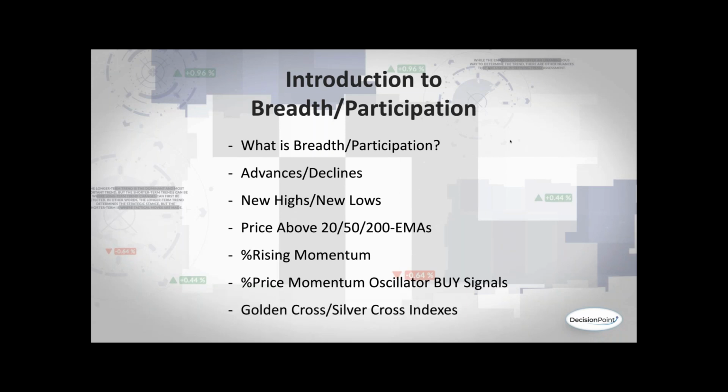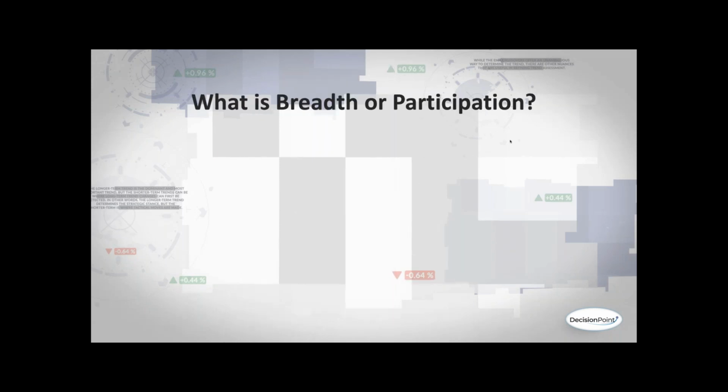And all of this can then be put together into our new indicators called the Golden Cross and Silver Cross indexes. We're finding them to be very powerful, in particular the Silver Cross index. But I'll talk to you a little bit more about that once we get through understanding all the things that go into it.